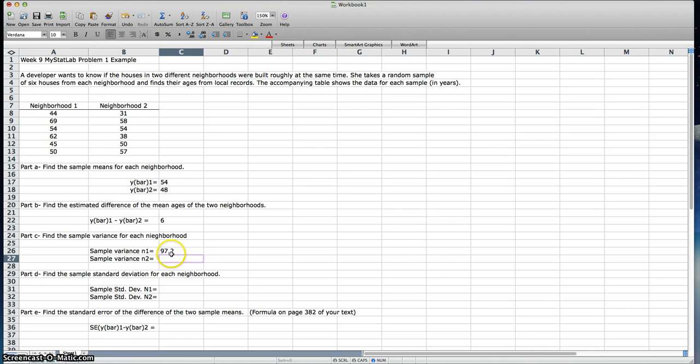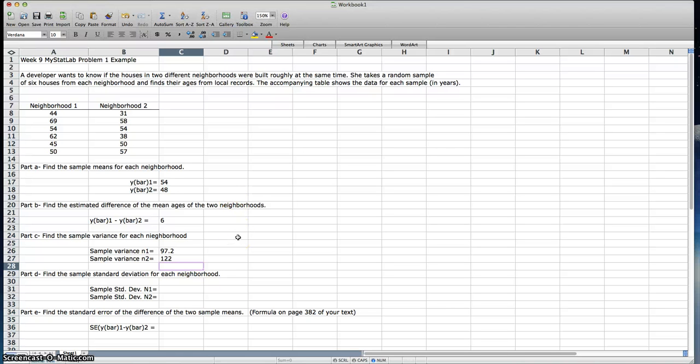There's our variance for neighborhood 1. So let's do the same thing for neighborhood 2, equals, variance, click on variance, highlight our data, hit enter, and there we have our variance for neighborhood 2. Okay, that's it for part C.